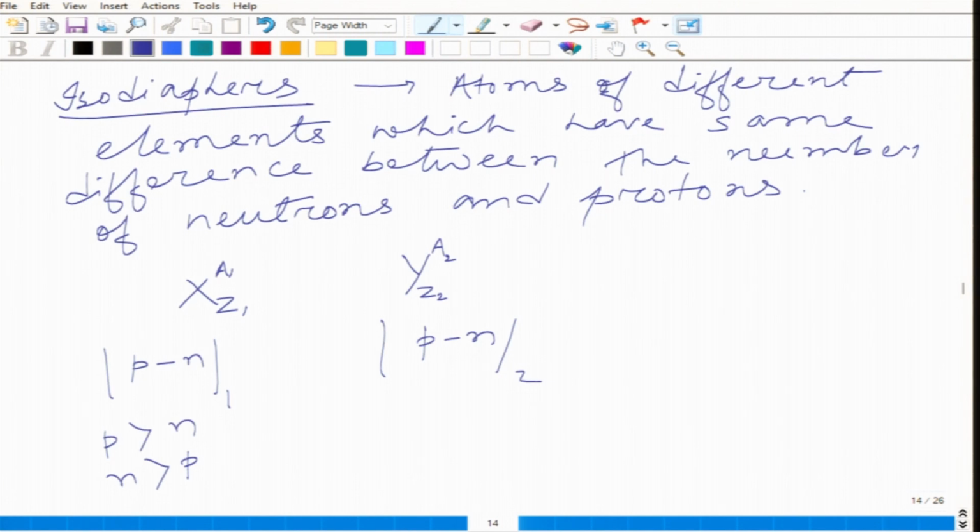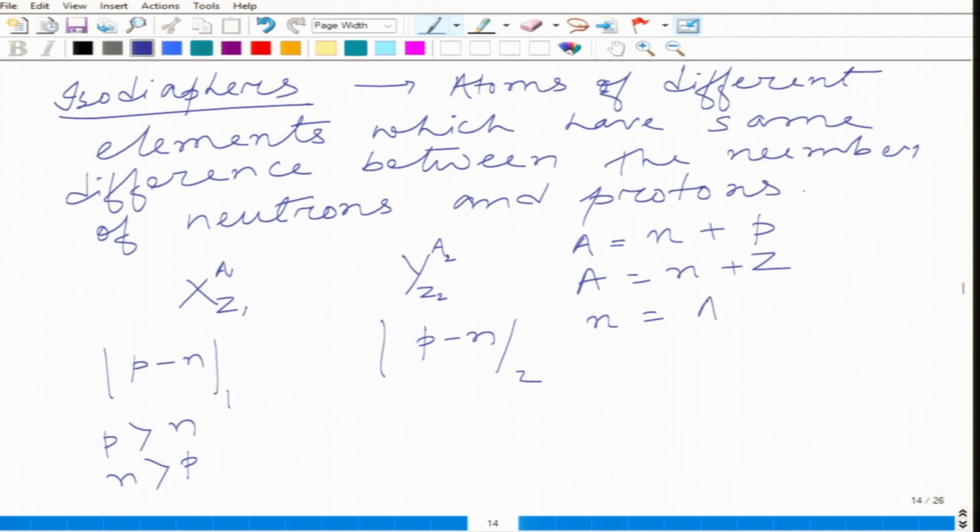So what is the magnitude of difference? How can we write it? Mass number A equals number of neutrons plus number of protons, A equals n plus Z, where Z is the atomic number.